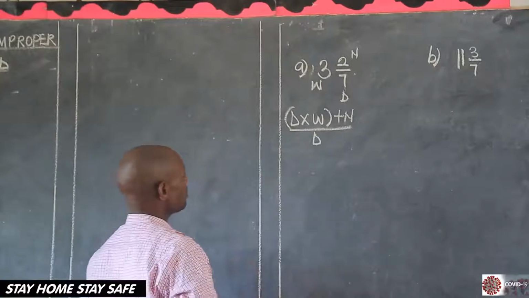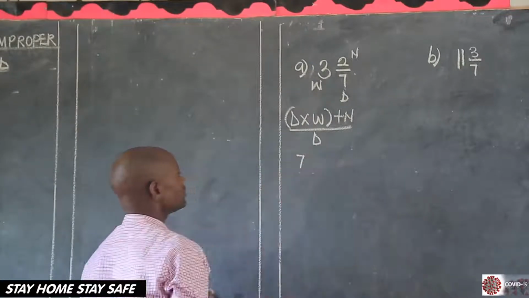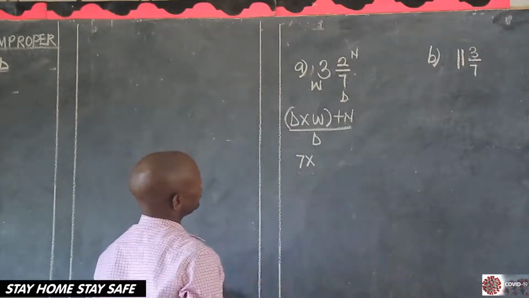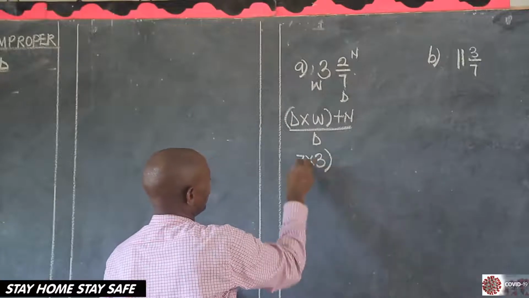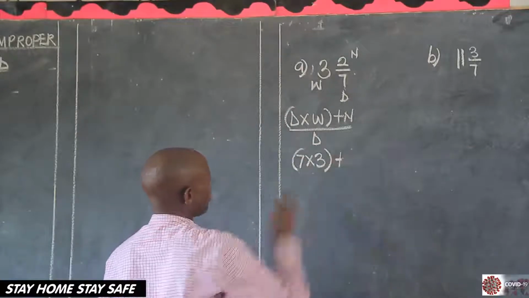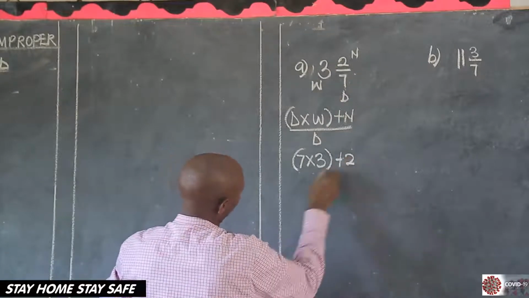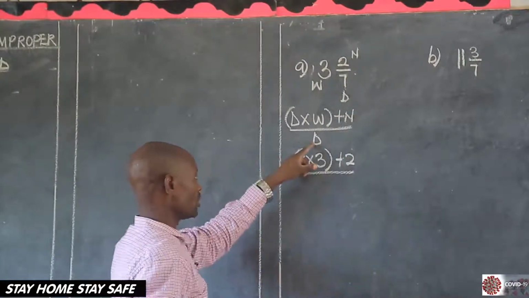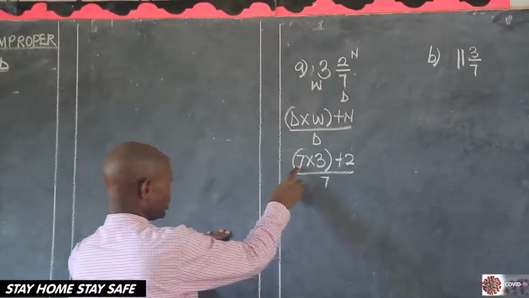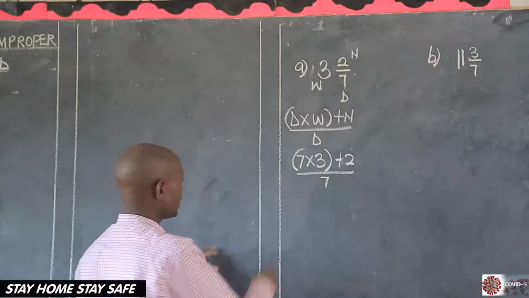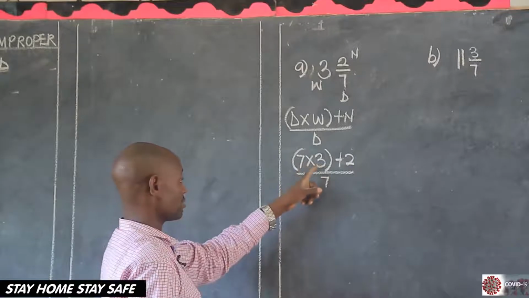So let's just substitute in this formula. The denominator in this case is 7. We multiply it by the whole number, and the whole number is 3. Then we shall add on our numerator, and the numerator is 2. But don't forget that the denominator is 7. And when we get 7 times 3, that is table 7. 7 times 3 means you are going to add 7 three times.